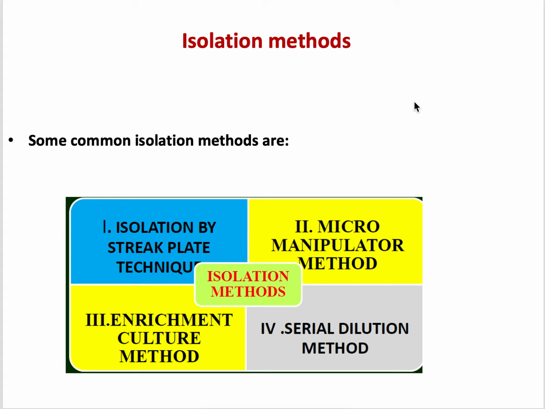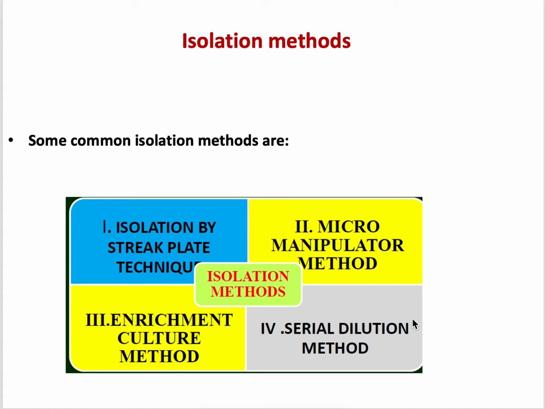Among these methods, the streak plate technique is actually not good to isolate mixed culture. If you want to isolate mixed culture, then you should go for serial dilution, or there are other methods like droplet methods, spread plate methods.